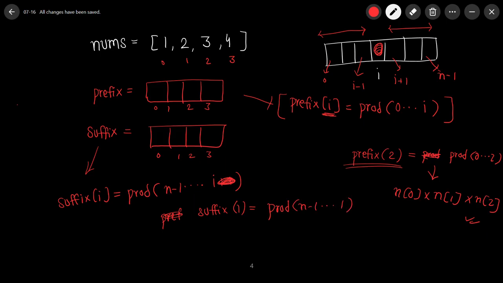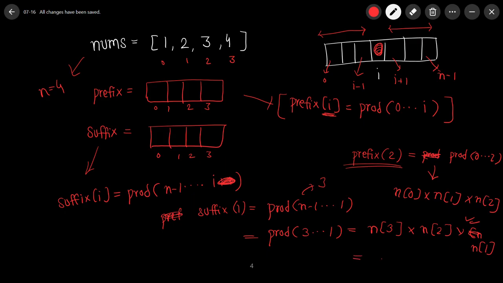N minus 1, n here in our case is 4. Array size is 4, right? So n minus 1 would be 3. So that means product of 3 to 1, which is nothing but nums of 3 into nums of 2 into nums of 1.